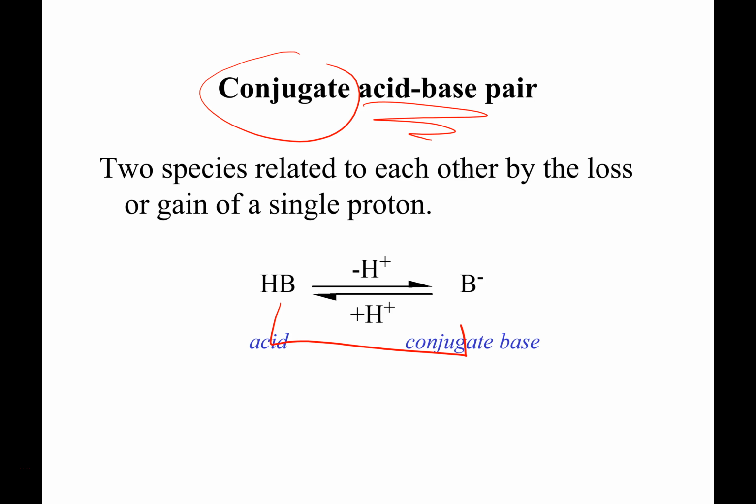Well, if we call from left to right this the acid, then it's yin and yang. Over here is the conjugate base. What if we're going from right back to left again? We would call that the base, and this would be its conjugate acid. So conjugate acid-base pair covers it all, whether we go from left to right or right to left.